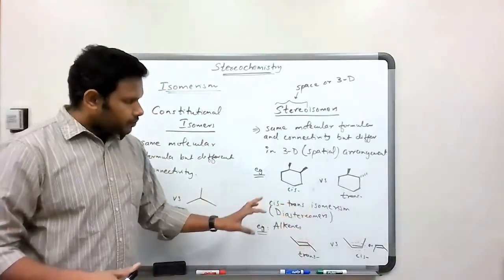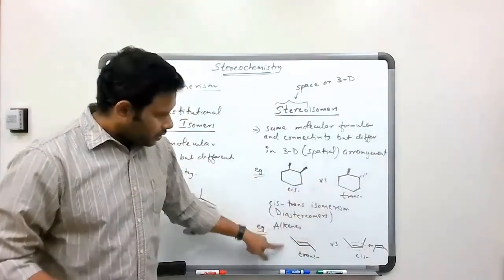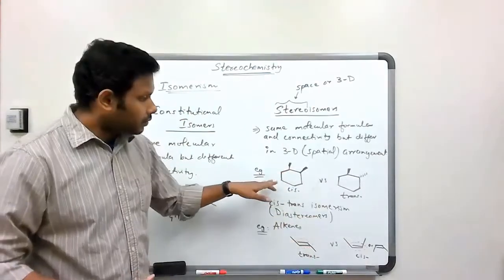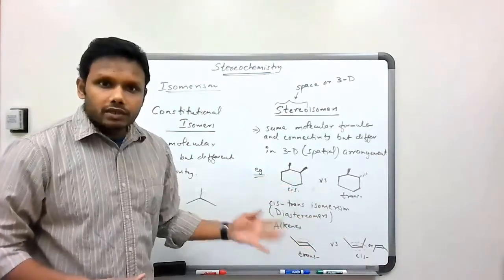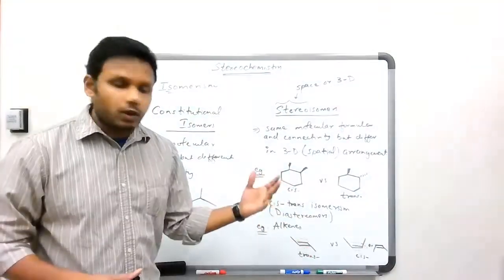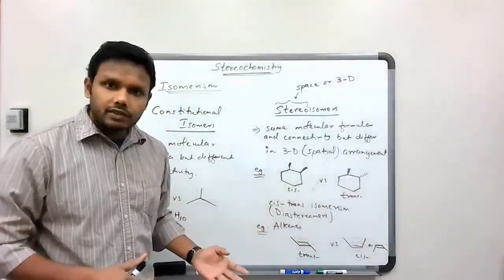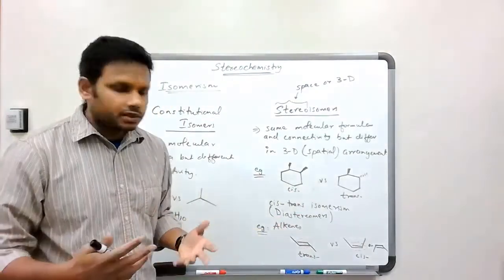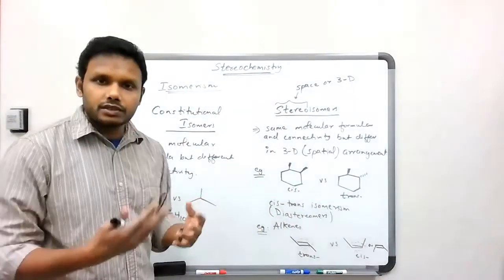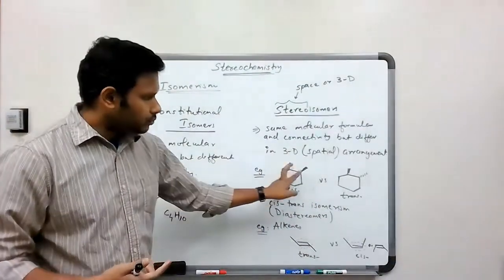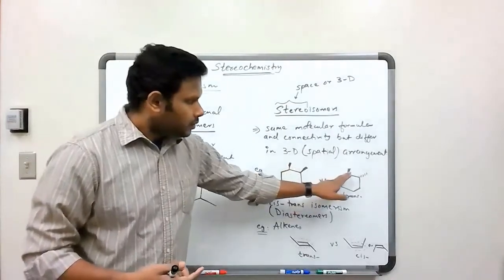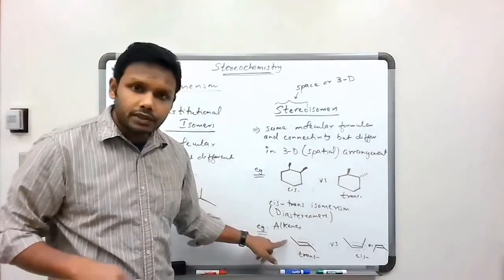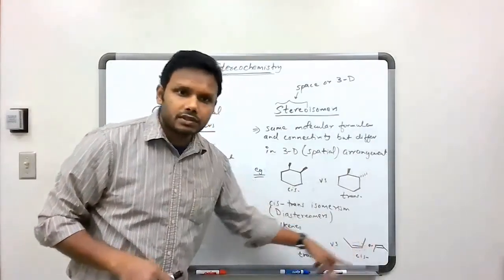What you notice with these molecules is that the molecular formula is identical, and the connectivity is also identical. There's no difference in connectivity. The only difference is the 3-dimensional orientation or arrangement in space, how groups are oriented with respect to each other: the 2 methyl groups pointing in the same direction, or methyl groups pointing in opposite directions.